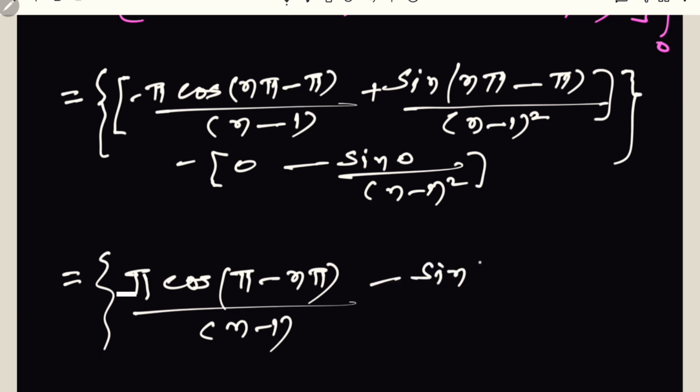Therefore, minus sine of (pi minus n pi) divided by (n minus 1) whole square. Be very, very careful while performing this step. Be careful about the sign.